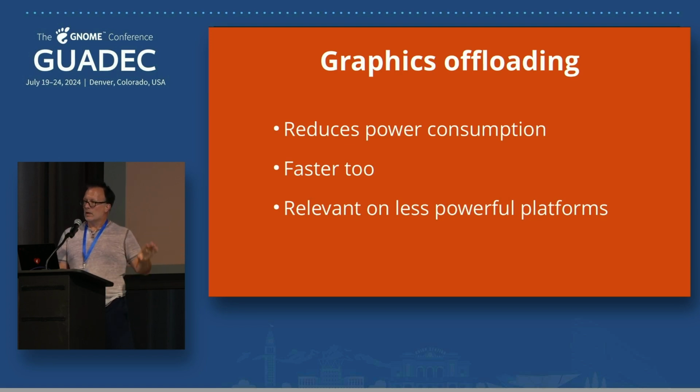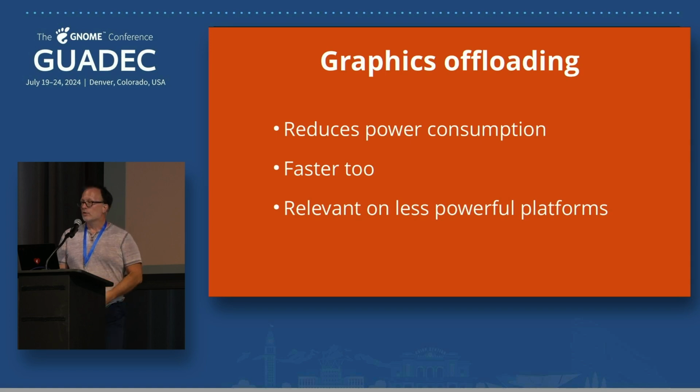In that case, maybe the 3D engine of the GPU can be powered off for a very long time while you're playing this video, and we just need to do the decoding for each frame, and then we get a DMA-BUF, and everything works very efficiently. It's most relevant, obviously, on less powerful platforms like phones that some people like to try and run GTK4 on. But it's faster too. I mean, we just avoid doing a lot of extra work.